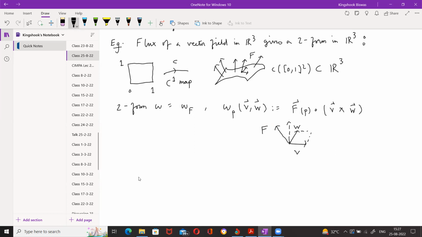So this gives me basically the flux through an infinitesimal parallelogram with sides V, W.